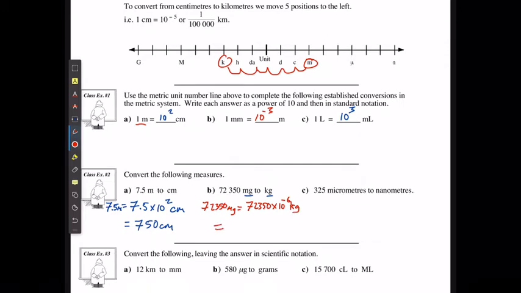This would be the same as 0.07235 kilograms.